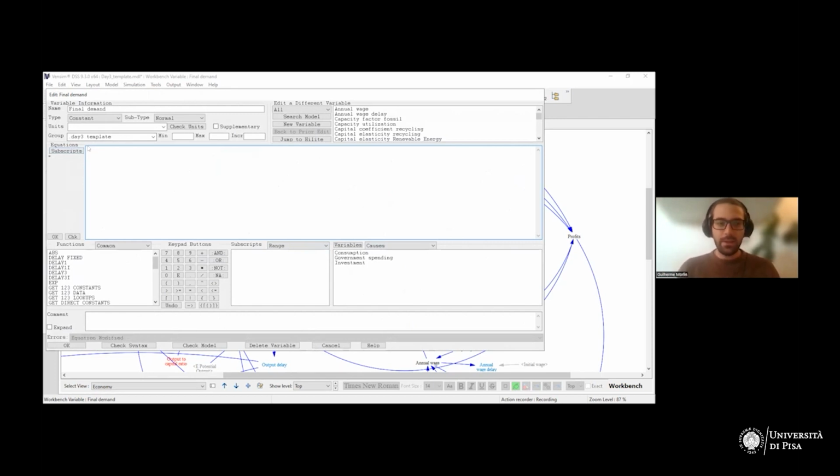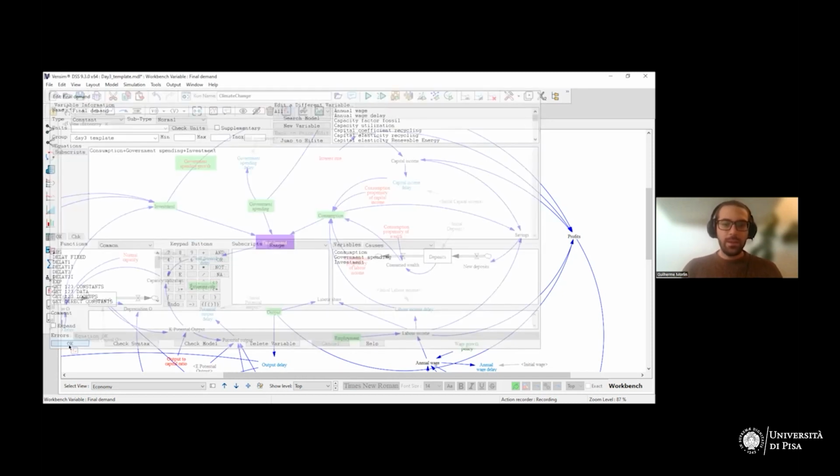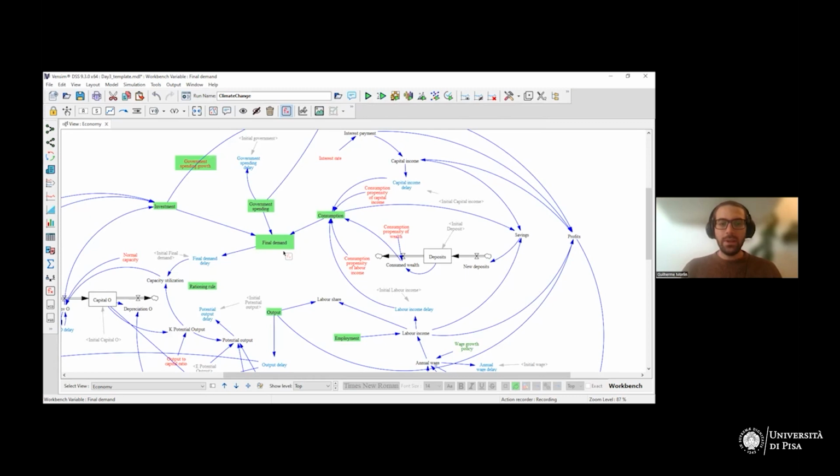So we can say, okay, final demand is equal to consumption plus government spending plus investment. And that's it. Then we can check the syntax of this equation. Everything is okay. So we have already an equation for the final demand. Okay, so this is the first step of this model.